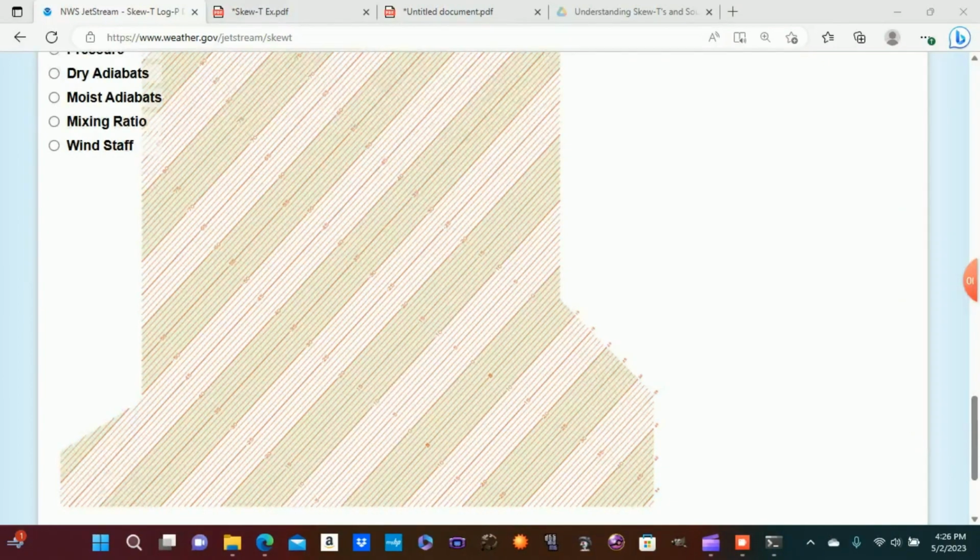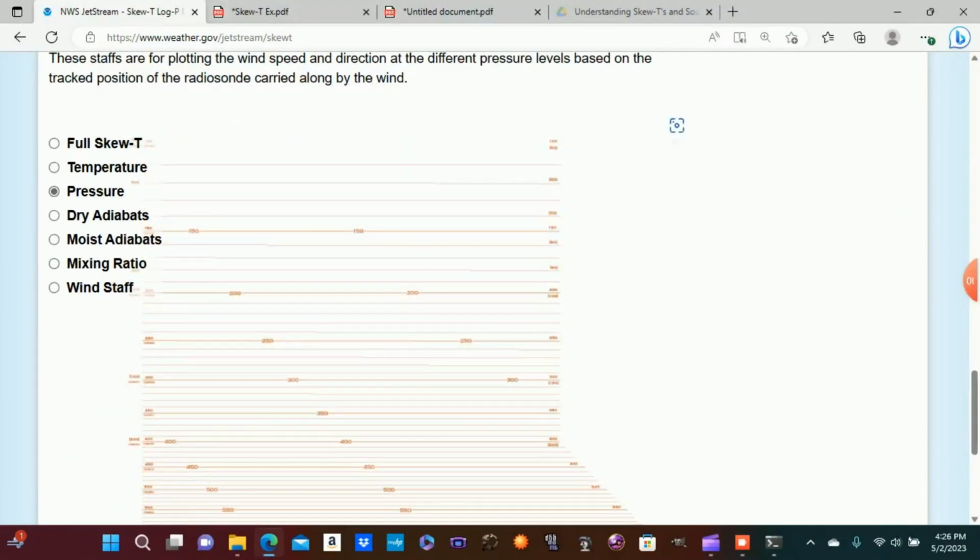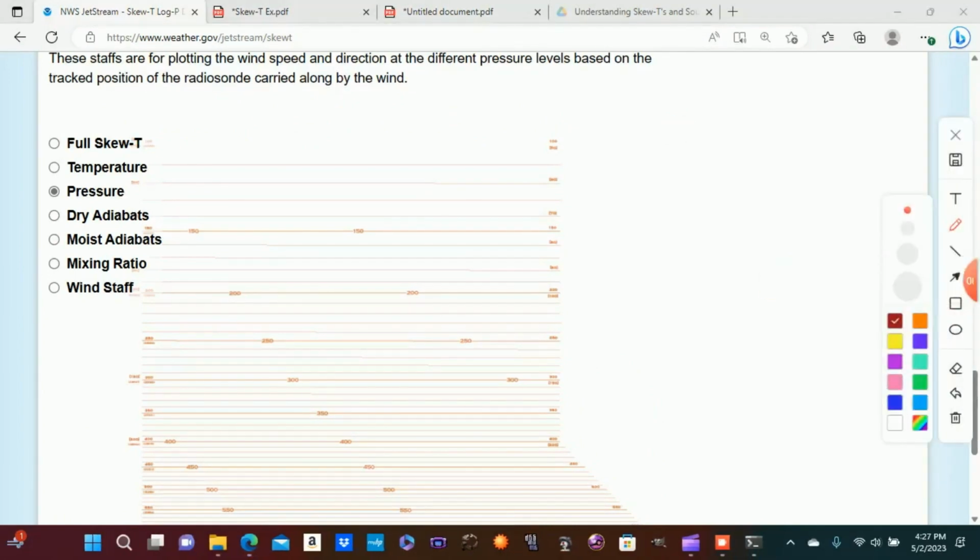Next, we're going to look at pressure. These lines that go left to right, so horizontal lines, are called isobars. And like the isotherms, isobars are lines of constant pressure.